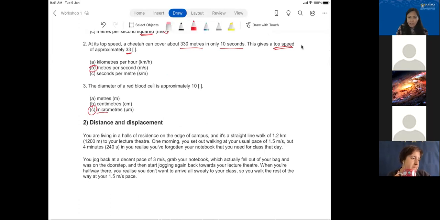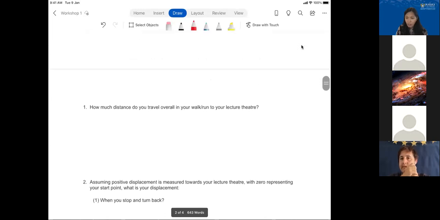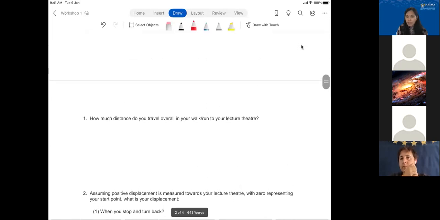Okay. Right, for the second question, I'll just look at the chats and there's some question here. Second, what's your velocity? Yes, so the second part, when you're being asked to find the velocity in each part of your journey, you calculate them separately.